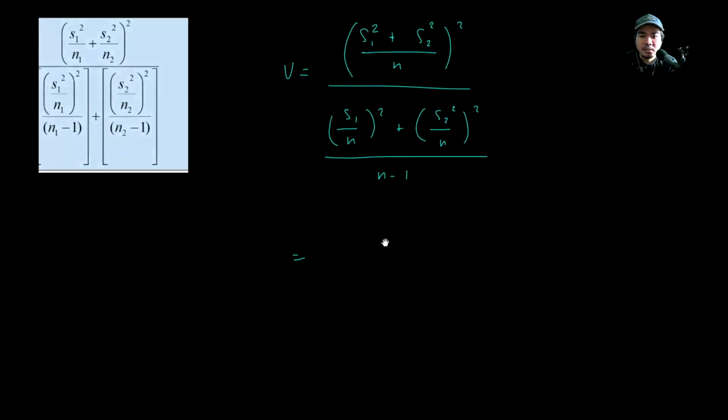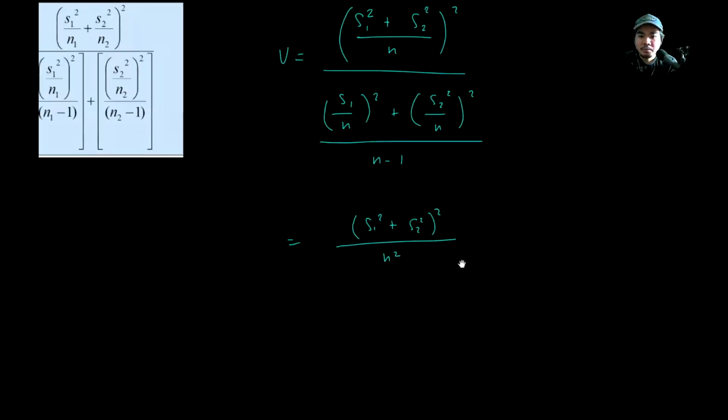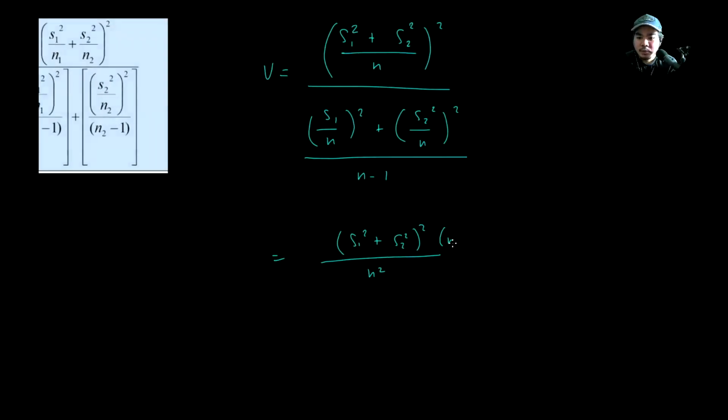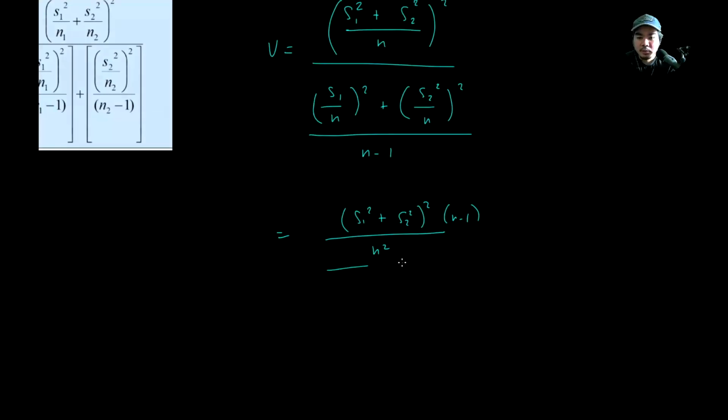So, we can do S1 squared plus S2 squared. Squared natin to and N squared. Tapos, iakyat na natin tong N minus 1, para hindi na natin problemahin to. Then, we get S1 squared. Tapos, squared pa. So, magiging S1 to the 4th plus S2 to the 4th over N squared.